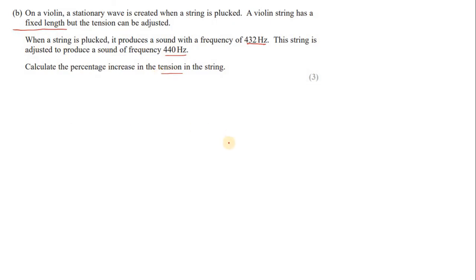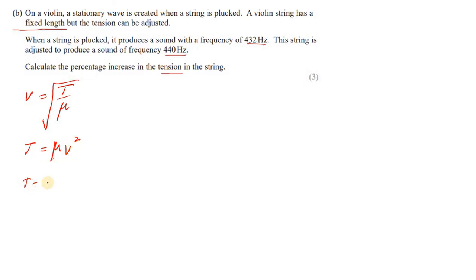So we know that the tension in the string is related with the formula: speed of the wave is equal to square root of T upon mu. This mu is mass per unit length, which is constant for a given string. So you need to find percentage increase in tension, so make T the subject. So T would be equal to, if you remove the square root, mu times V square, and V is the speed.